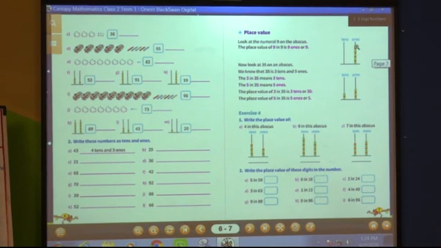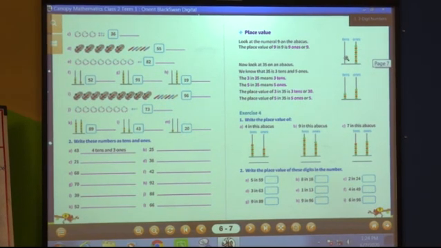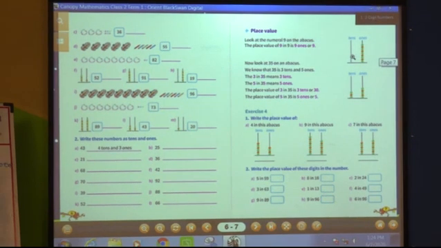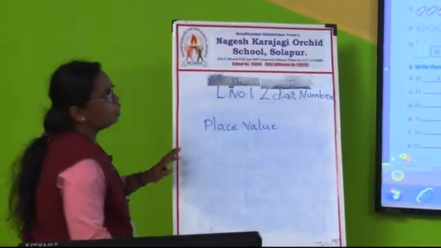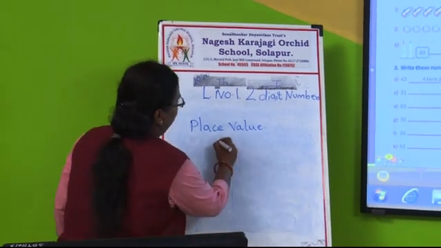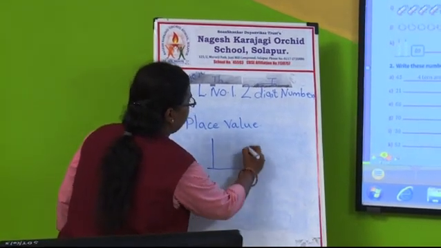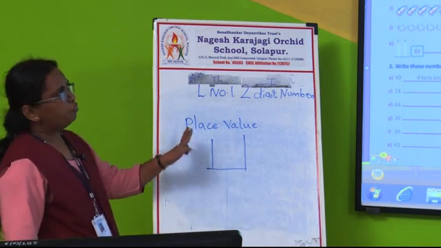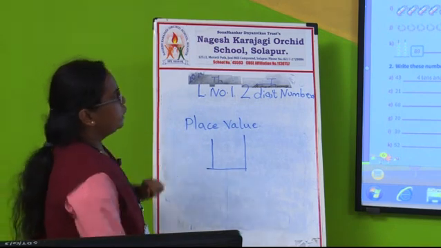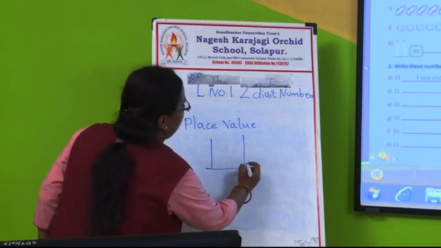Now see here, in the abacus they have shown tens and ones. What is the place value? In this you can show on the abacus the place value of 9. The place value of 9 in 9 is 9 ones.